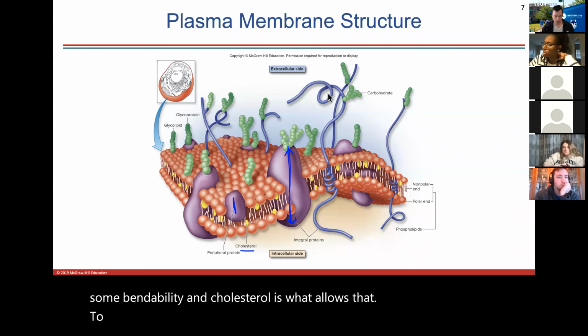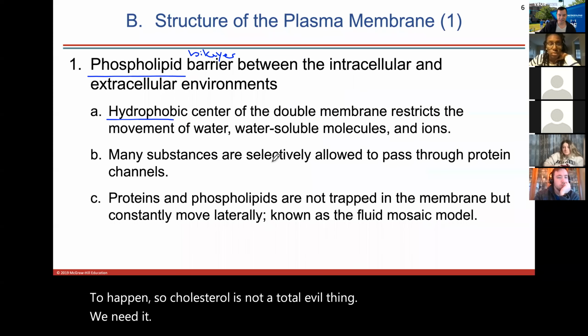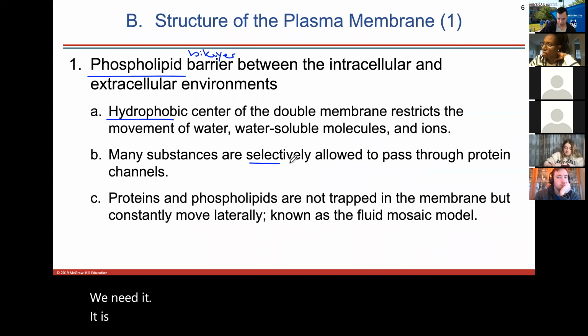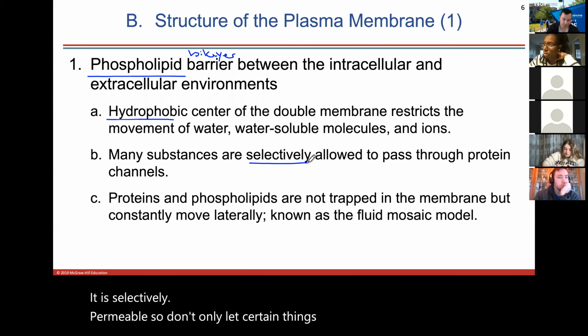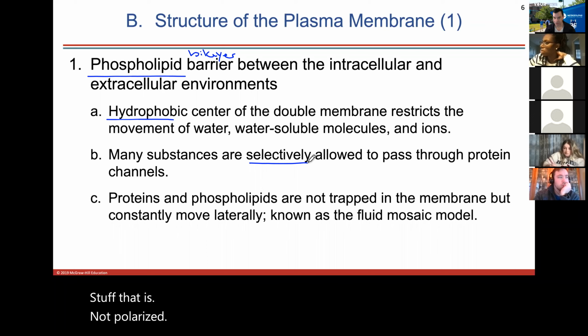So cholesterol is not a totally evil thing. We need it. The membrane is selectively permeable, so it only lets certain things through: stuff that's small, stuff that is not polarized, stuff that can dissolve in lipid membranes as well.